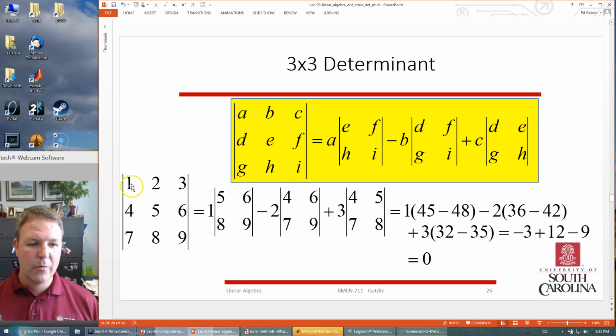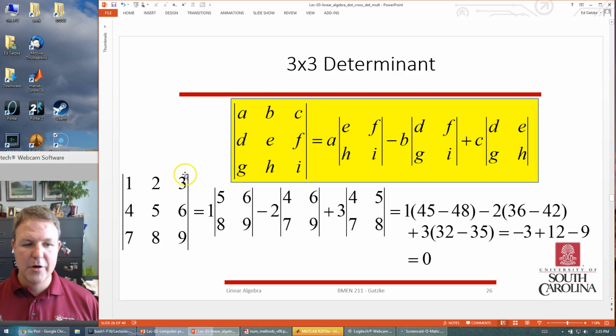For this example, 1, 2, 3, 4, 5, 6, 7, 8, 9. If we go through the whole thing, 1 times the determinant of 5, 6, 8, 9. Minus 2 times the determinant of 4, 6, 7, 9, after we remove that first row and second column. 4 times 9 minus 6 times 7. Plus 3 times the determinant of 4, 5, 7, 8.